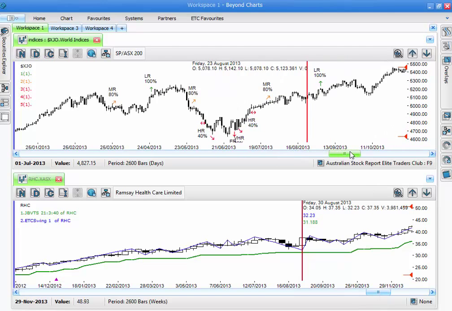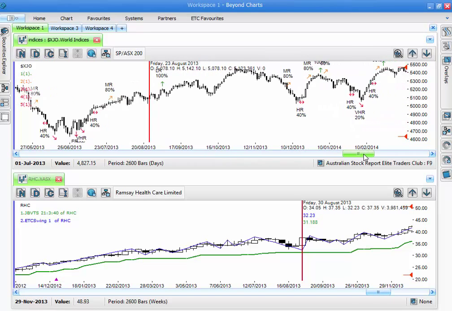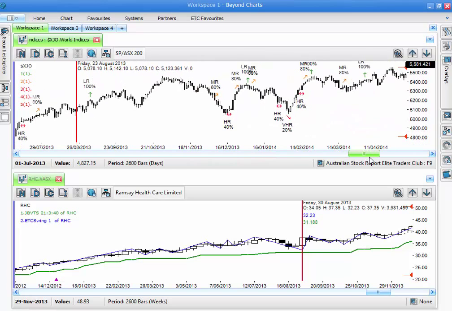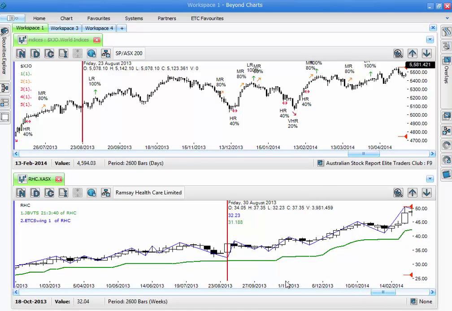And our market continues to move onwards and upwards, eventually moving into high and very high risk in the beginning of 2014. Well, let's go to the beginning of 2014 and see how Ramsay's held up during those exact same times. So the beginning of 2014, February 2014, let's go forward to the same time.